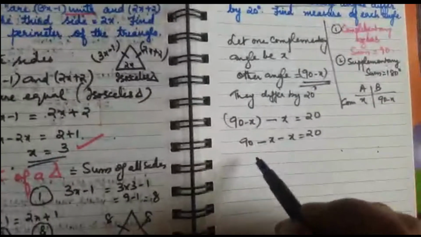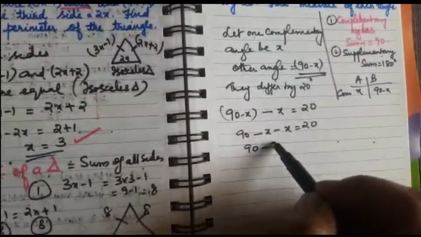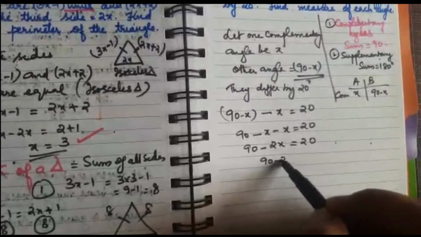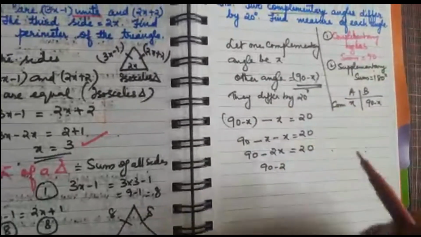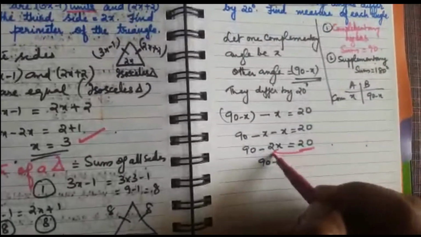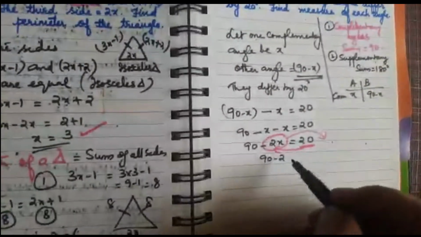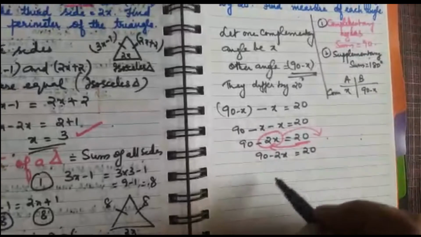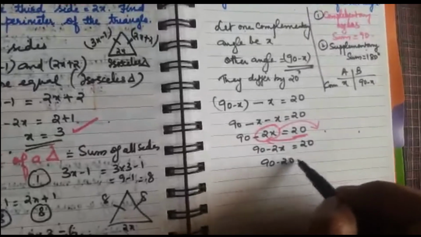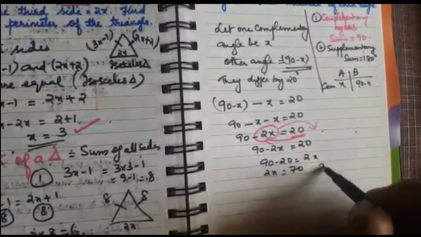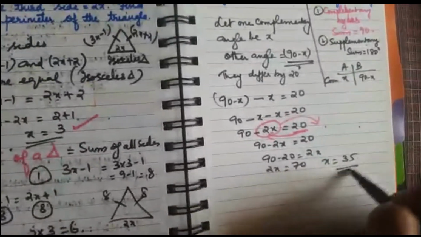So 90 minus 2x equal to 20. I'll bring this number here and this one to here. So 90 minus 20 equal to 2x, and this is 70. So 2x is equal to 70. So x is equal to 35.